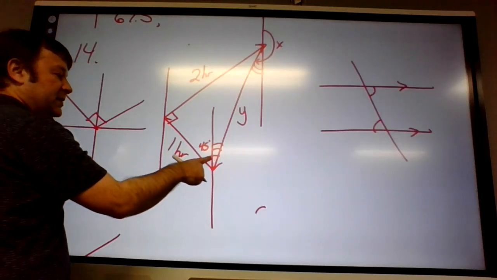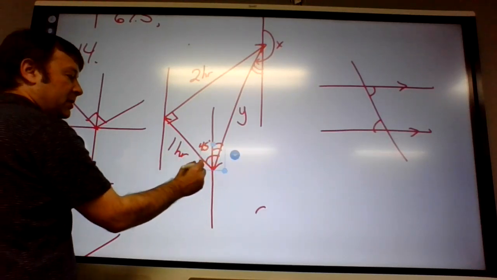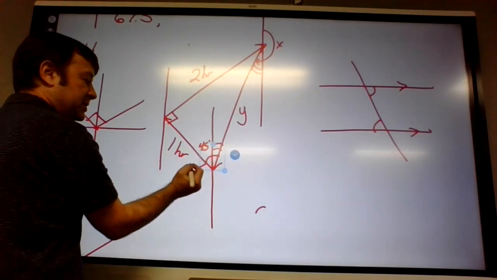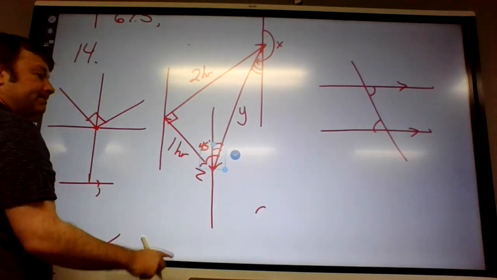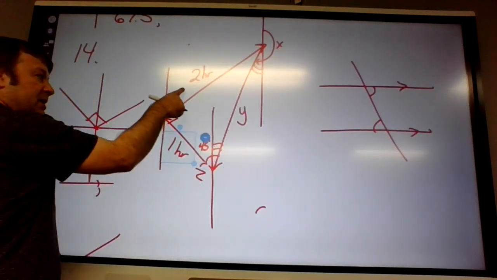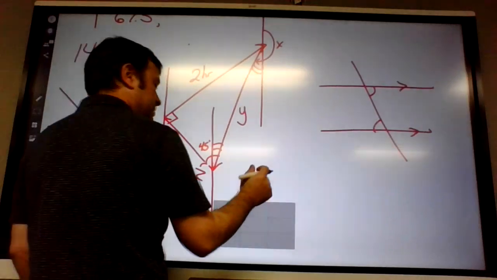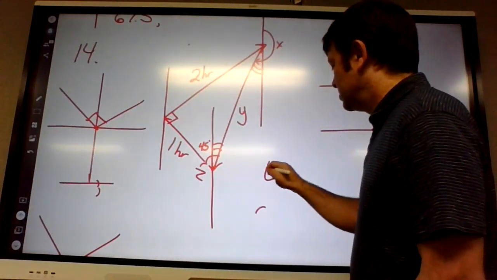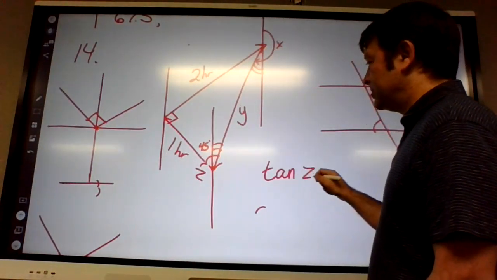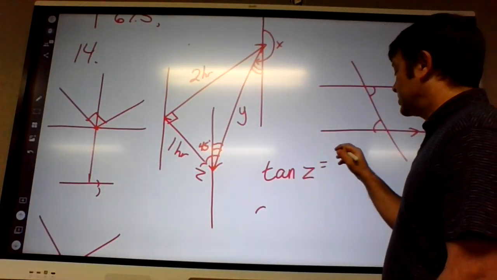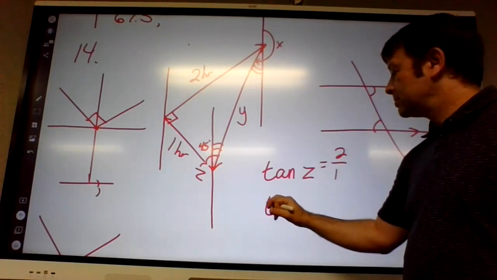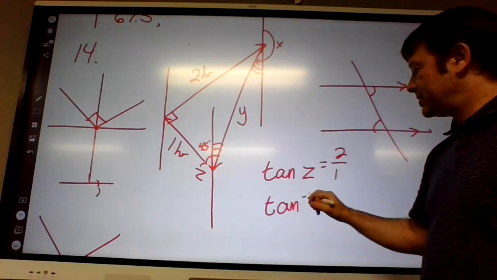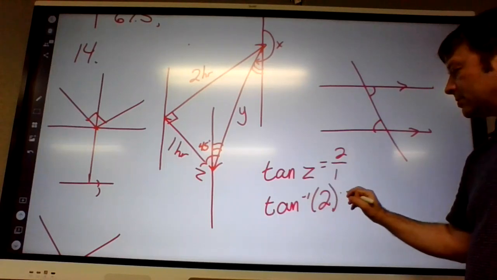I'm kind of running out of letters, so I'll call it the big angle, angle Z or something. I have the adjacent and the opposite. Opposite over adjacent is tangent. Tangent of angle Z is opposite over adjacent. So to find Z, we need to do tangent inverse of 2.